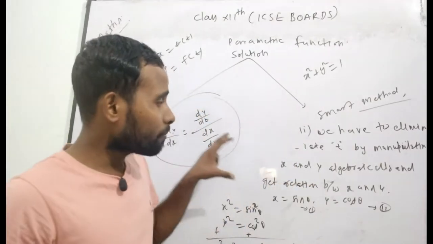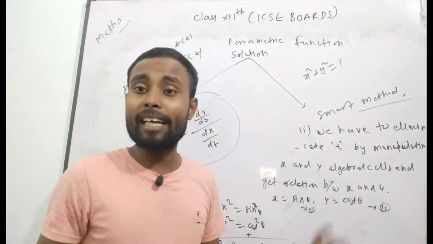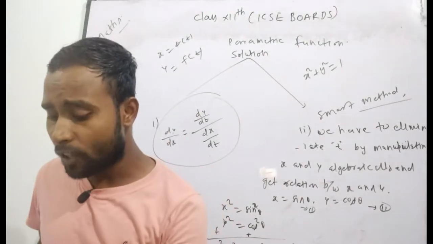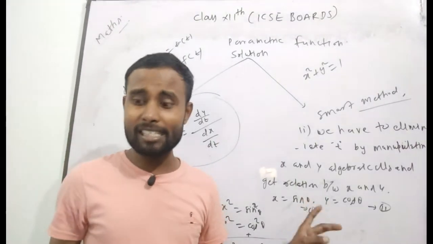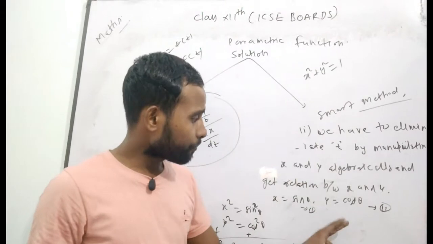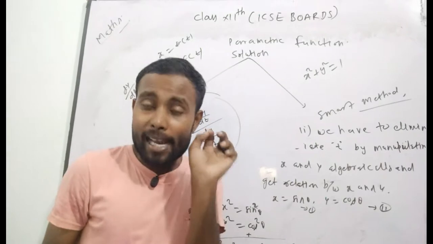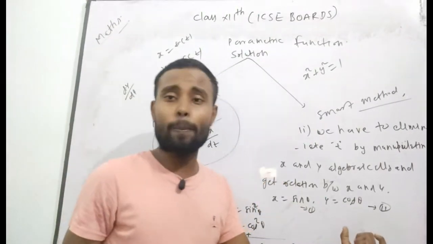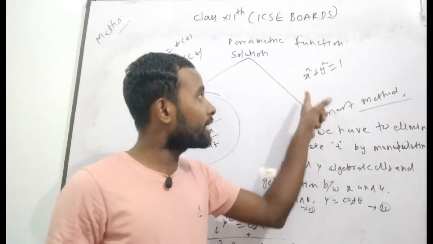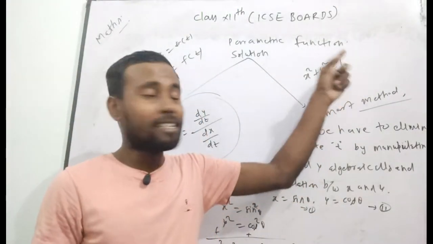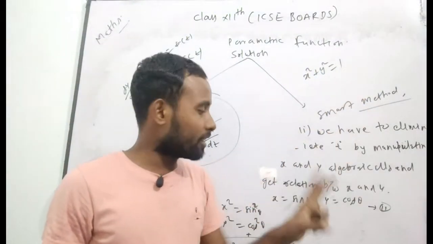According to this method, I have already told you, you have to eliminate theta such that there exists a relation between x and y, algebraically, such that theta is not present. By manipulating, you get a relation between x and y and some constant, otherwise there is no theta.